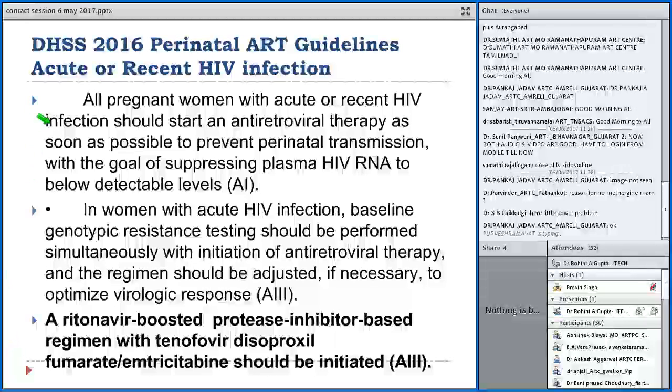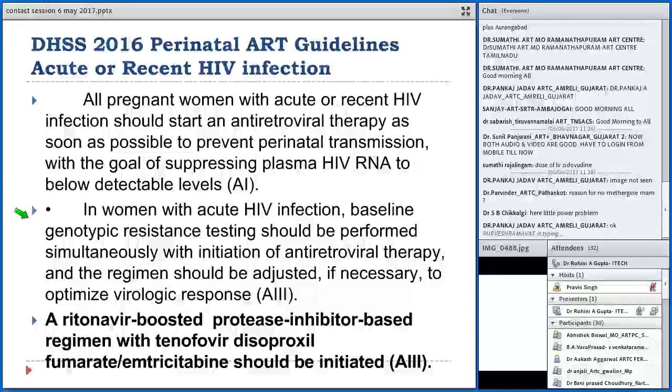DHHS, that is US guidelines, for acute or recent HIV infection. All pregnant women should be started immediately on ART, and the goal is to get good HIV RNA suppression; the viral load should be non-detectable.